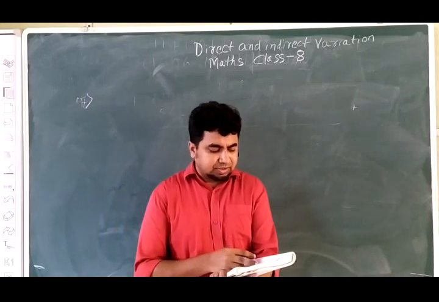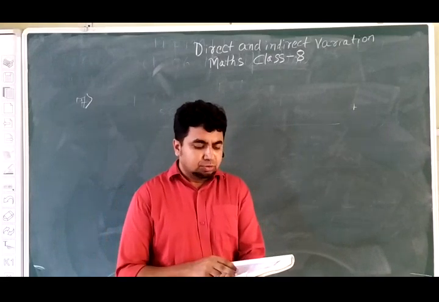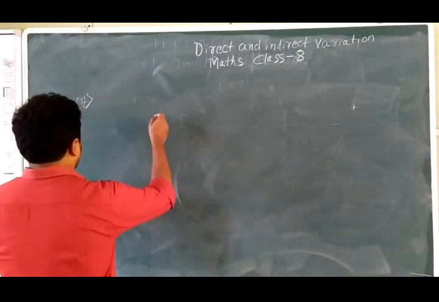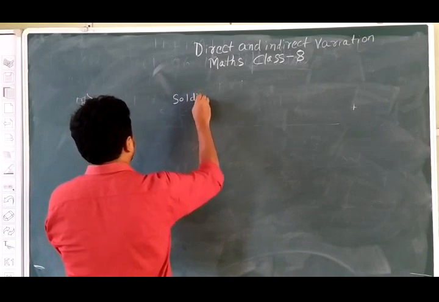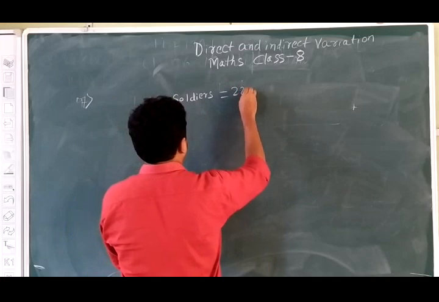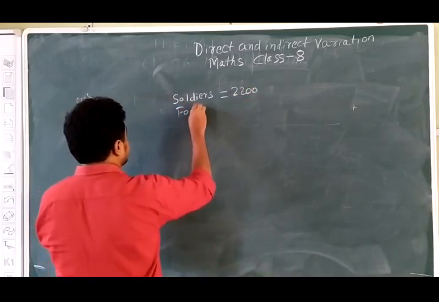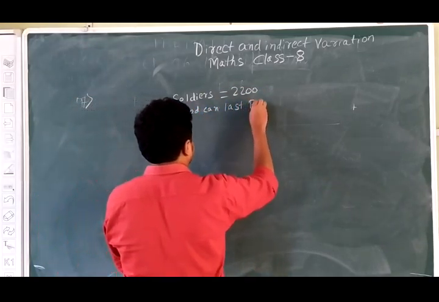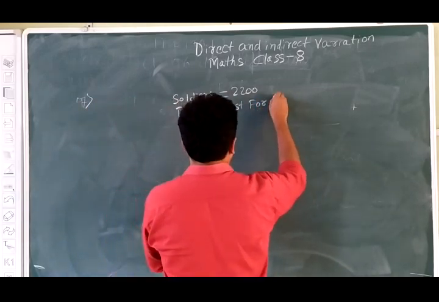In this question also we are finding that a camp had enough food to last for 50 days for 2,200 soldiers. So this was given that you will have 2,200 soldiers there. This is the number of soldiers, and food can last for 50 days.